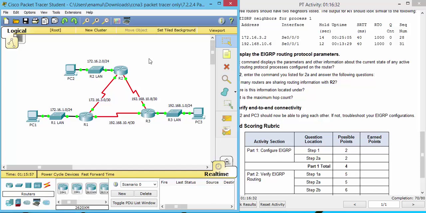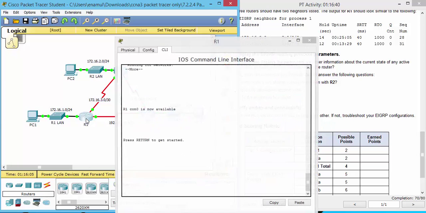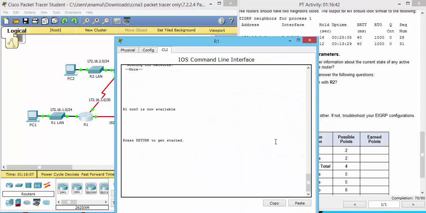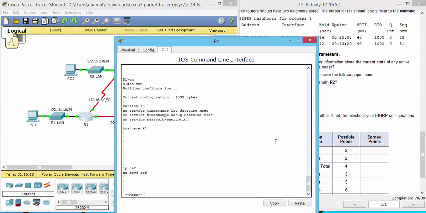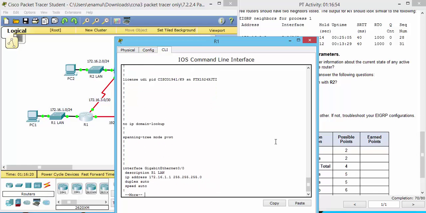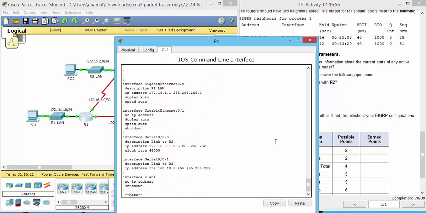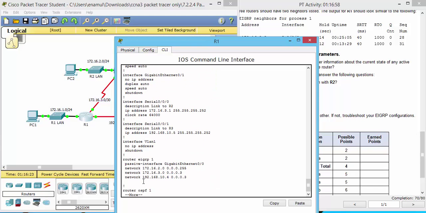Now let's go to the show running configuration of each router to see if everything is okay. We go to R1, enable, show run. We see the passive interface on gigabit 0/0.